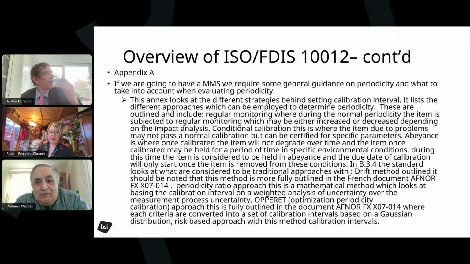Sharon, did you have something? I think this appendix, the bibliography, is really important because it gives a lot of the background reading, the background information relating to this terminology, which you don't actually get in 17025.